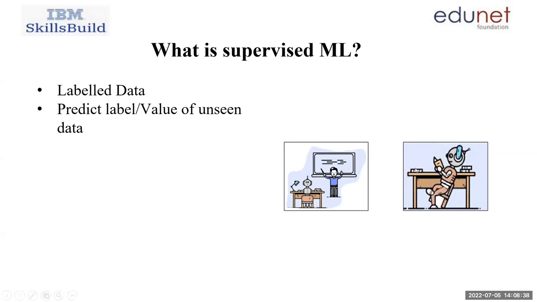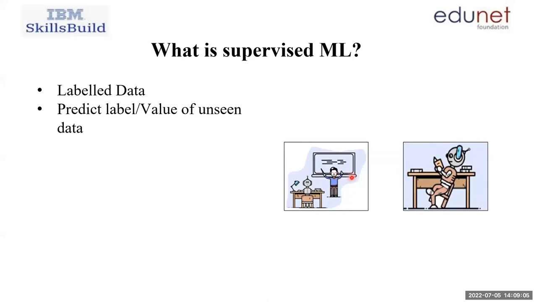Actually, there are two diagrams here. One represents supervised machine learning and one represents unsupervised machine learning. From the diagram itself, it is clear that this is the example for supervised machine learning, where there is a supervisor or a mentor.